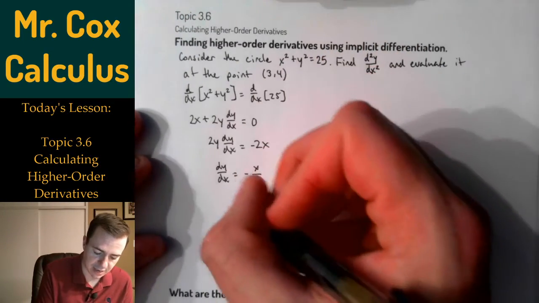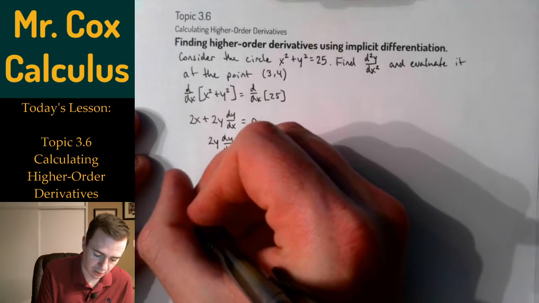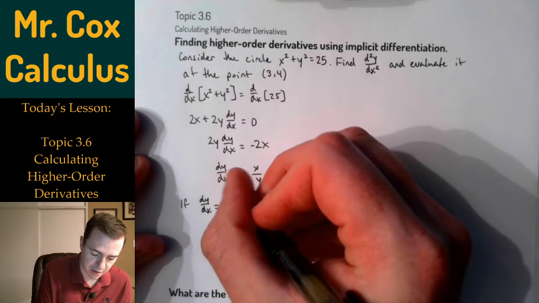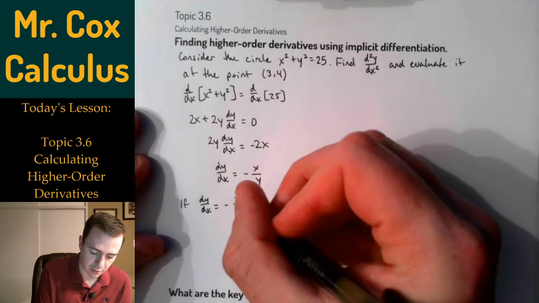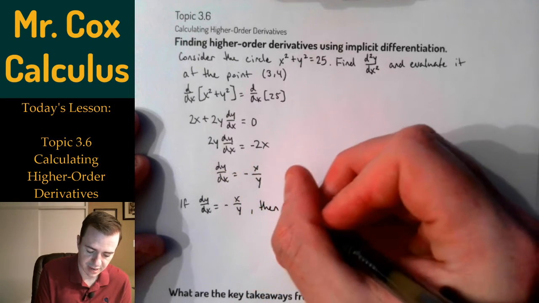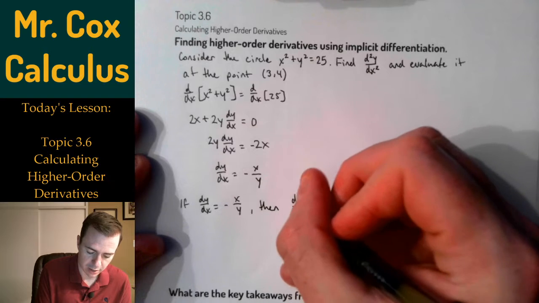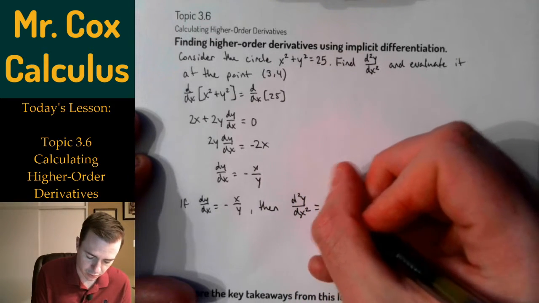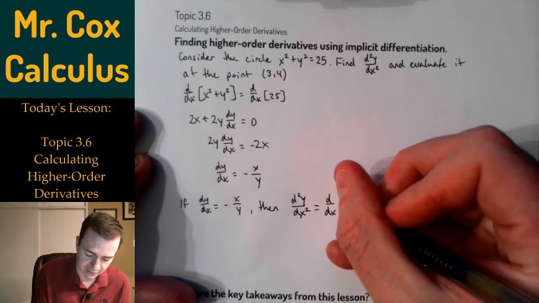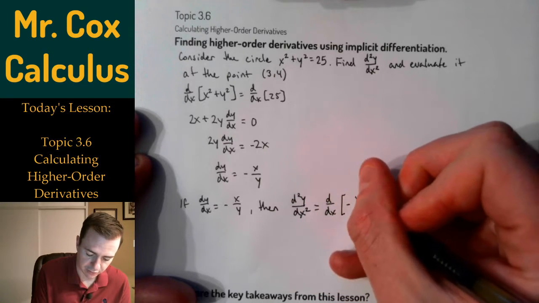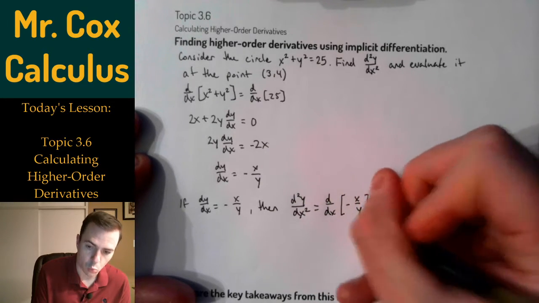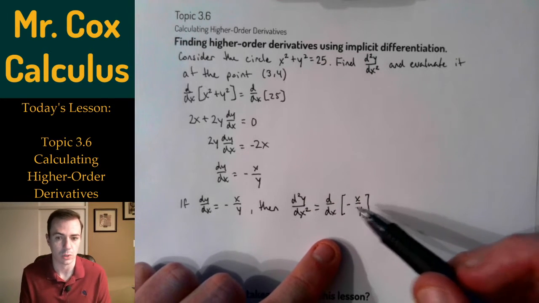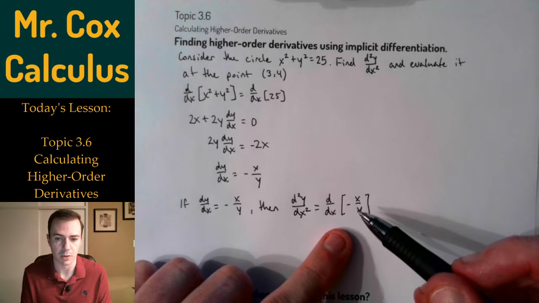So I can say if dy/dx equals negative x over y, then the second derivative of y with respect to x squared is equal to the derivative with respect to x of negative x over y. So I'm going to have to now apply the quotient rule to take the derivative of this particular expression.